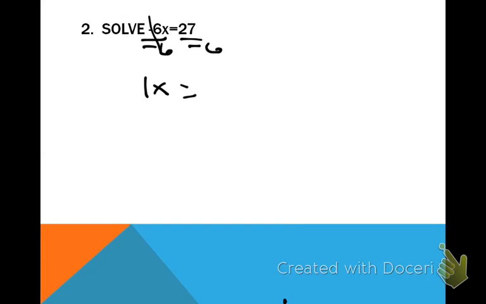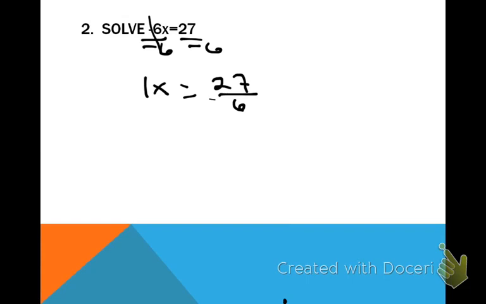Now, 27 divided by negative 6. We can leave that. And again, fraction bar means divide, that's another sign for division. So it just becomes 27 over negative 6. Would be nice to reduce that.